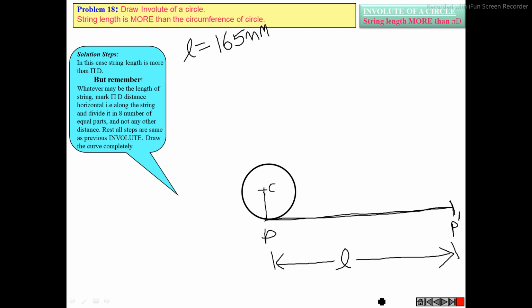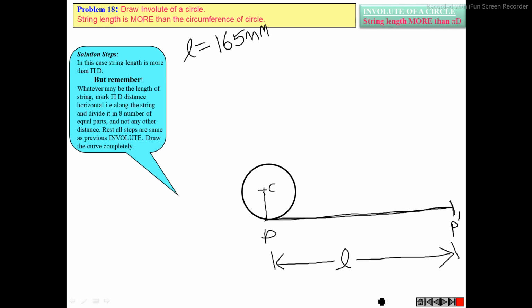Yes, sir. On the same horizontal tangent line, the circumferential length of the circle will also lie. Yes or no? On the same tangent line, the circumferential length of the circle will also lie.